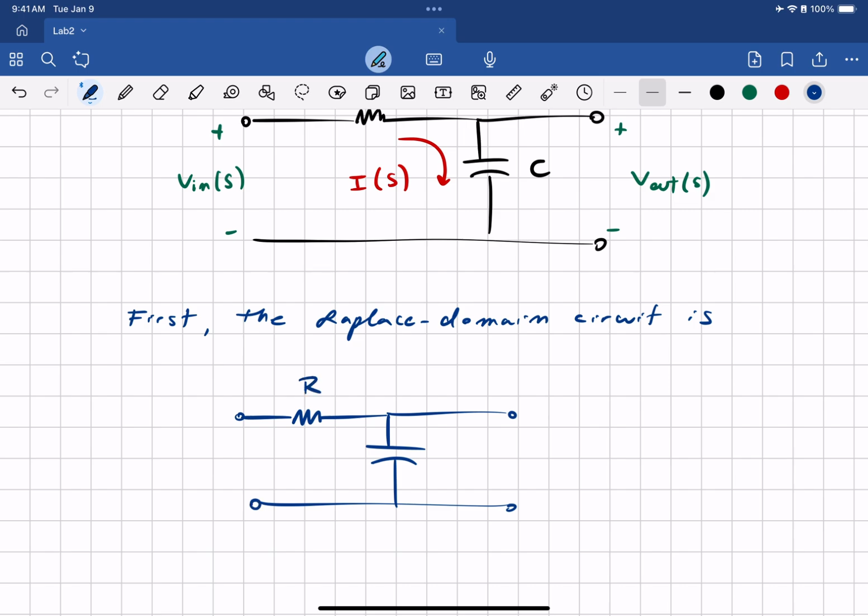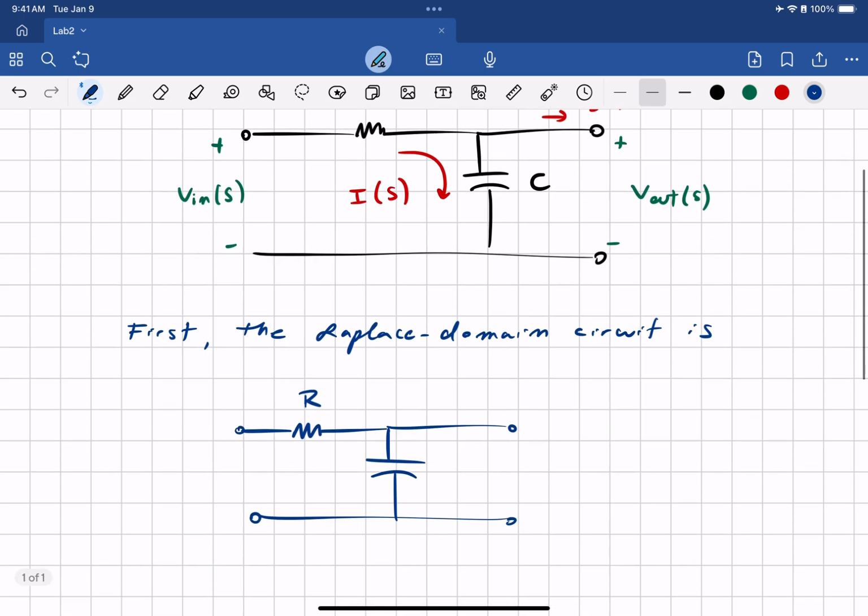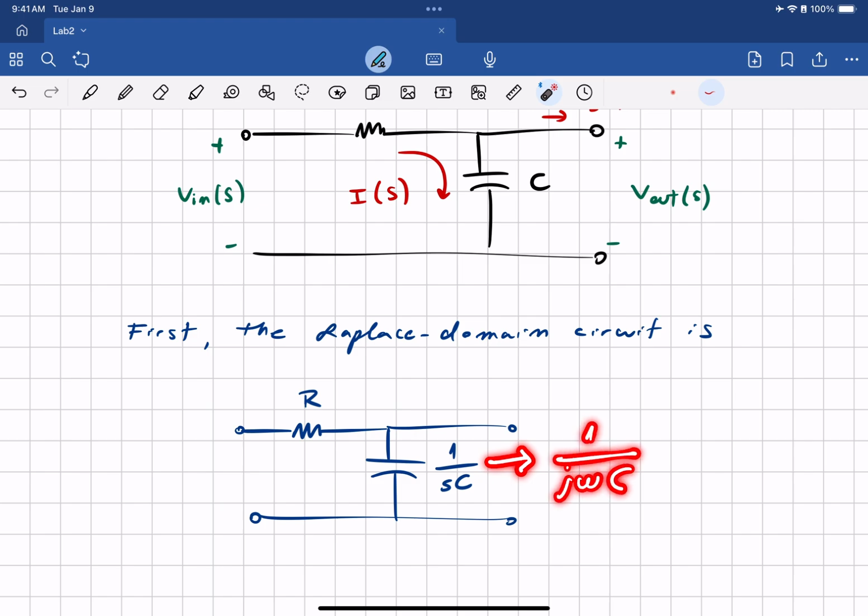As you have studied so far, the resistor does not change in the Laplace domain, just as resistors become real parts of impedances in the phasor representation. Same, or very similar, thing happens in the Laplace domain. However, for capacitors, we get 1 over SC, which, if you remember correctly, in the phasor representation we use 1 over j omega C, right?